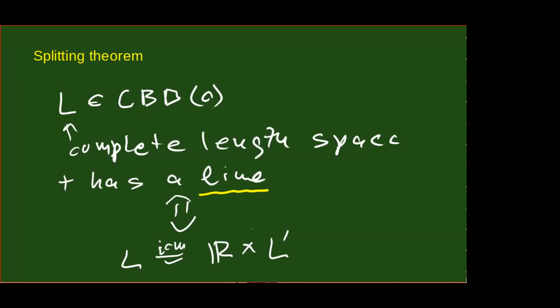This, by the way, is the splitting theorem, and it has a great history, right? It started from Cohn-Vossen. It was generalized by Toponogov to higher dimensions. Cohn-Vossen proved it in dimension 2, right? It generalized to spaces with non-negative Ricci curvature by Cheeger and Gromoll.